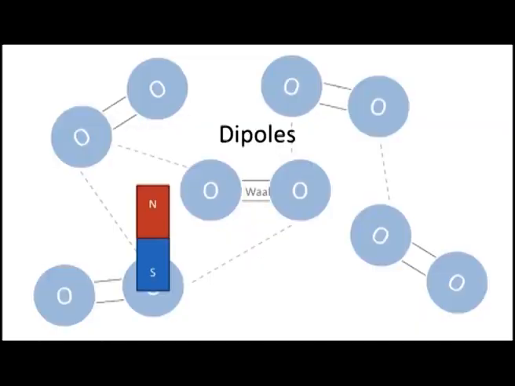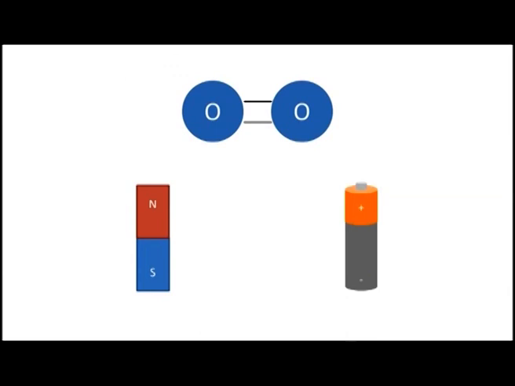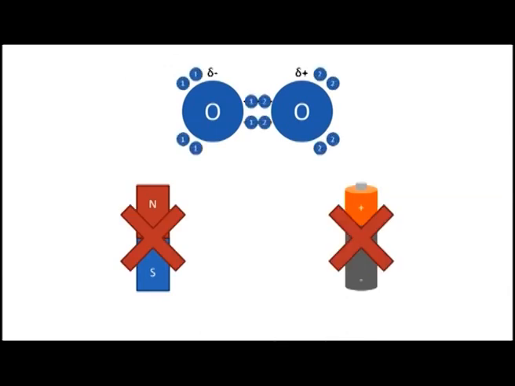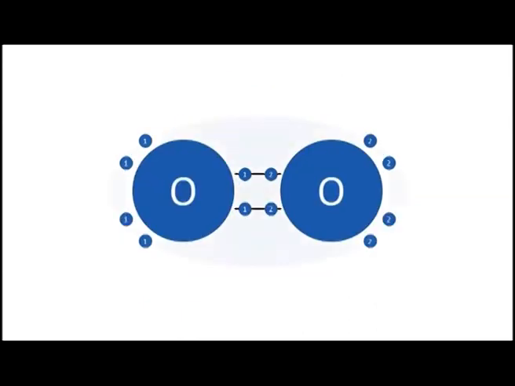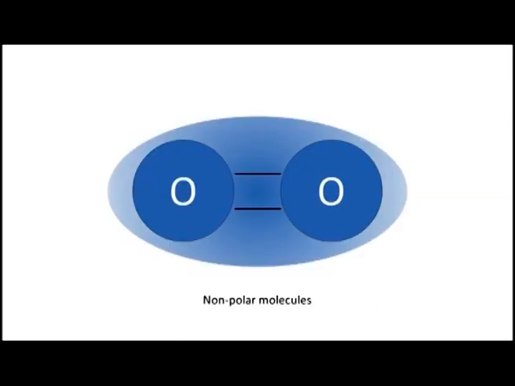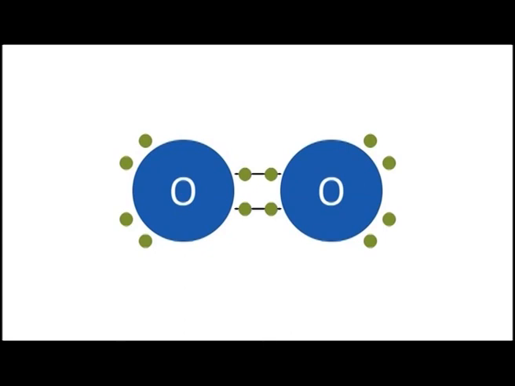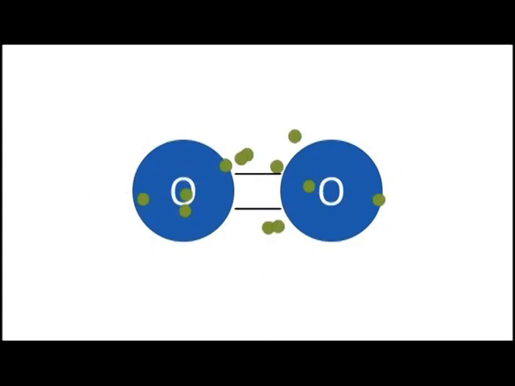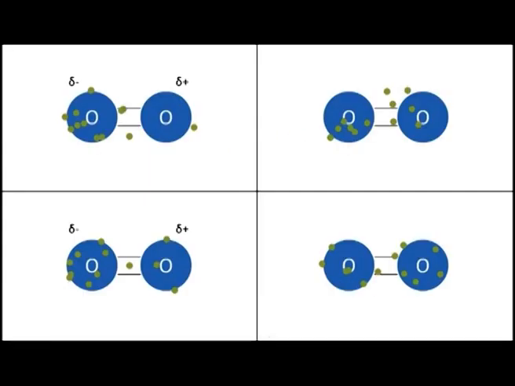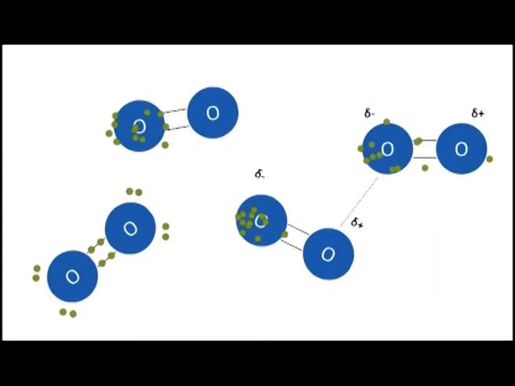All molecules exert a weak attraction upon one another. Van der Waals forces are weak attractive forces that hold non-polar molecules together. Such forces are found in non-polar molecules such as hydrogen gas, H2, carbon dioxide and nitrogen, and the noble gases.